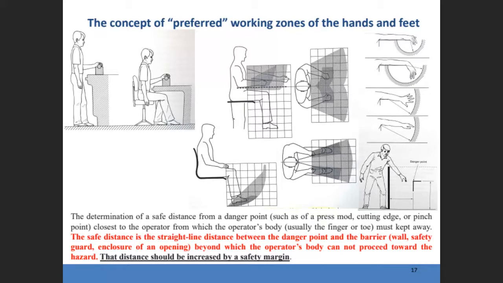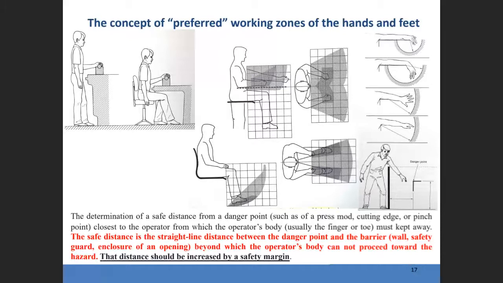The same if I'm going to reach something that is harmful or dangerous, I need to consider the straight line as you can see from the different positions, depending on the location of the danger point. If the danger point is here, I must consider it this way. If it is here, then I do rotating to make sure.